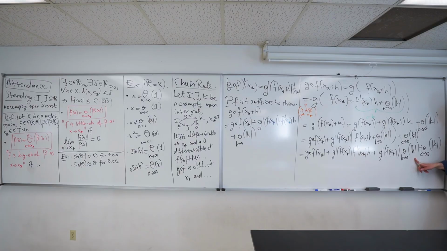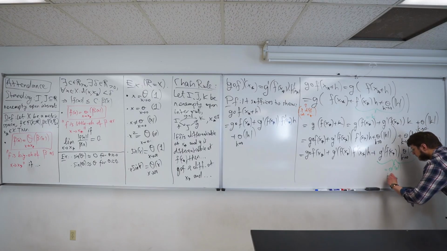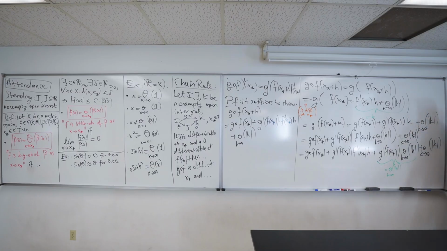The same thing has to hold for this number times this as well. So you can absorb this number into this. This is little o of h as h goes to 0.